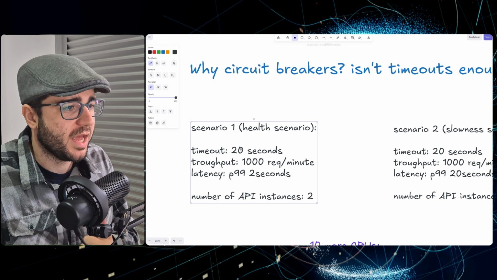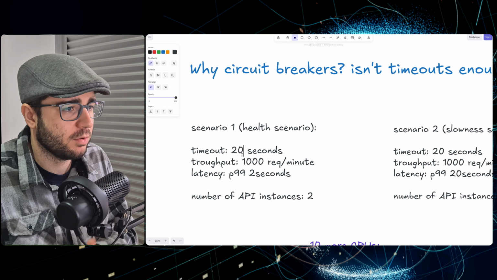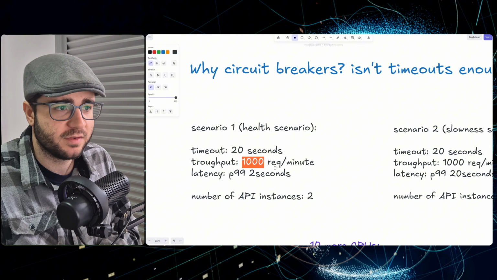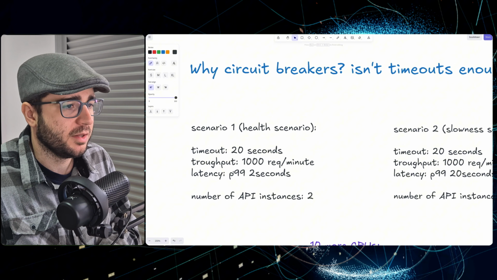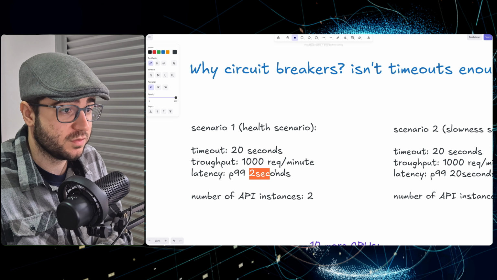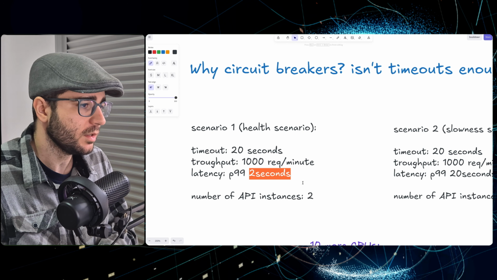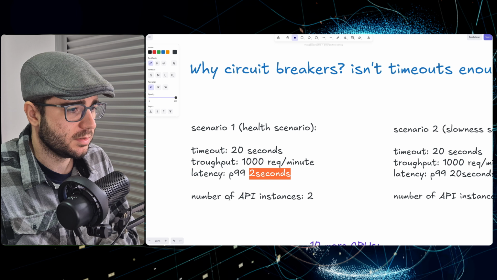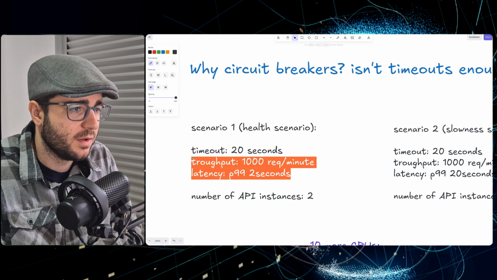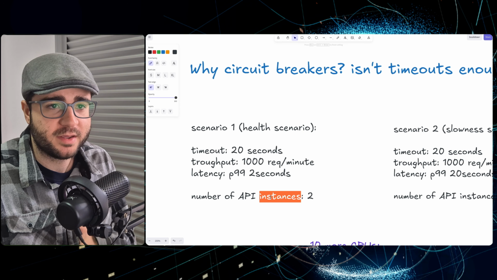So we have this 20 seconds timeout, and we have this throughput of 1000 requests per minute, and our latency, the P99 latency, is around 2 seconds, right? So the number of API instances that we have to process this amount of requests is 2 API instances.